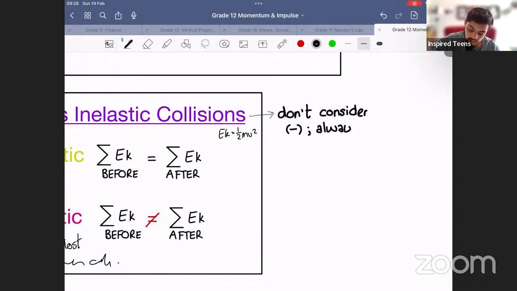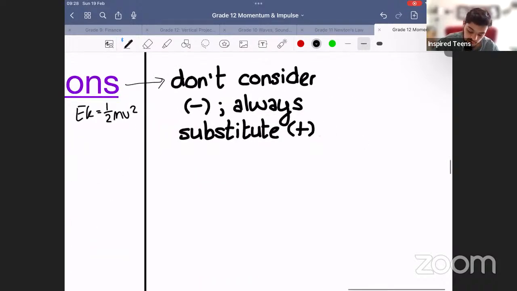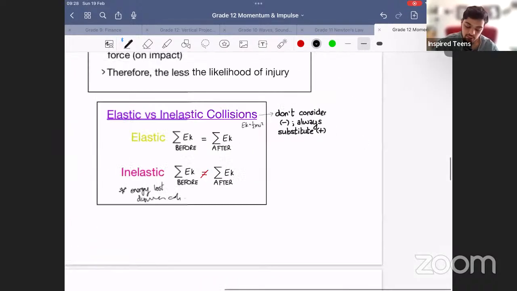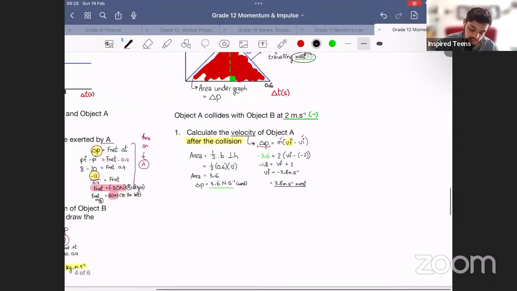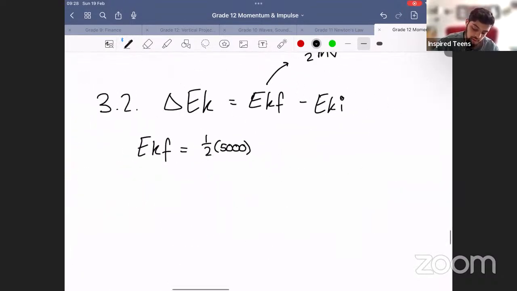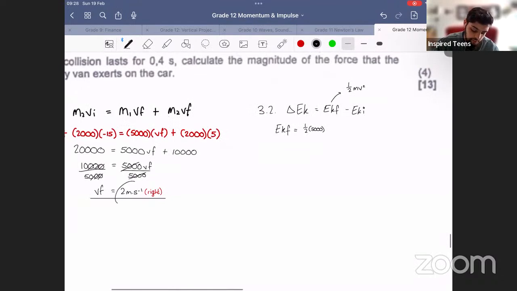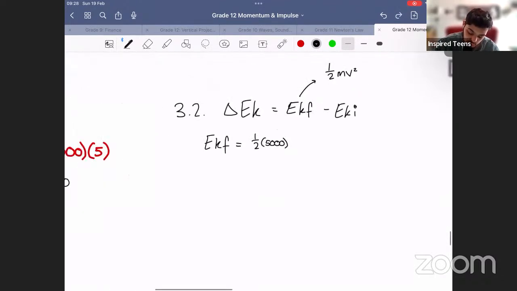Always, for energy, substitute positives. So it doesn't really matter for kinetic energy about the negative. You're just substituting values. You always just substitute a positive value. So that's why in this case, I don't care whether it's negative or positive 2. I'm just going to substitute 2.